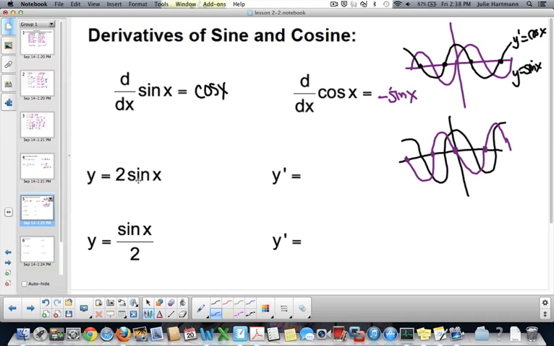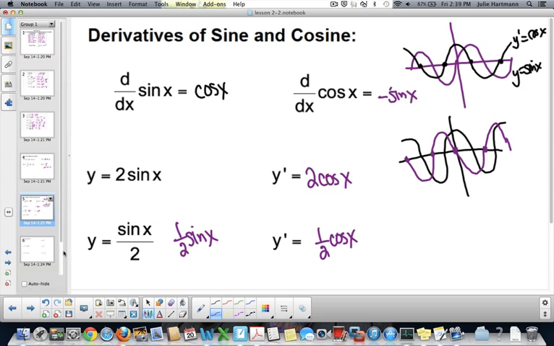So when you have 2 times sine of x, the derivative, 2 is just a constant, so that just stays: 2 cosine of x. Okay, and y equals sine of x over 2. Remember, that's just 1/2 sine of x, so the derivative is 1/2 cosine of x.